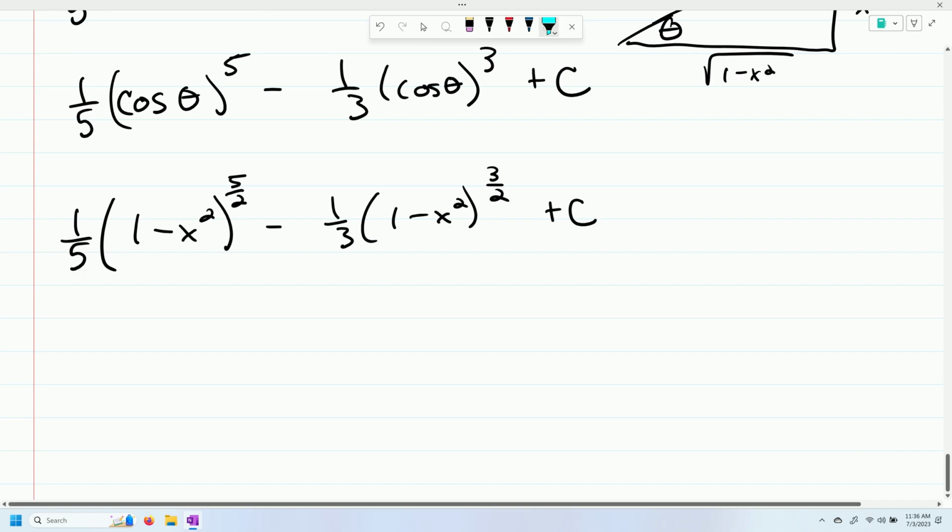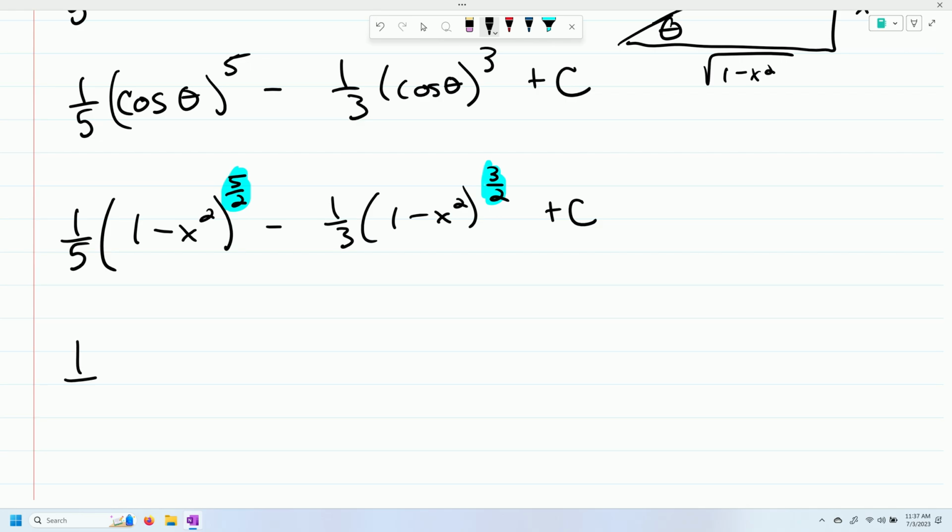Now, just so we're aware, I've got the 5/2 and the 3/2 from the fact that this is really, let me write in a different color, 1/5 times the square root of 1 minus x squared to the 5th. All I did is said, well, the square root is really just 1 minus x squared to the 1/2 power.